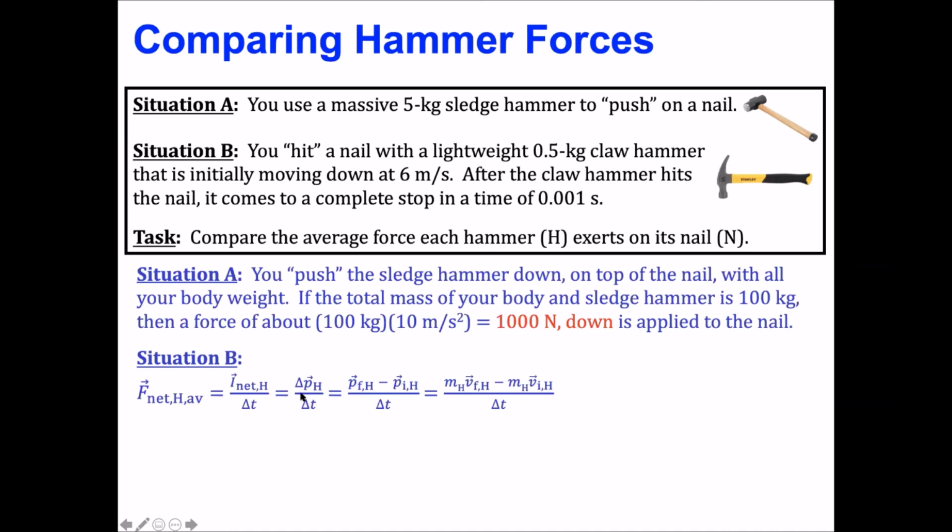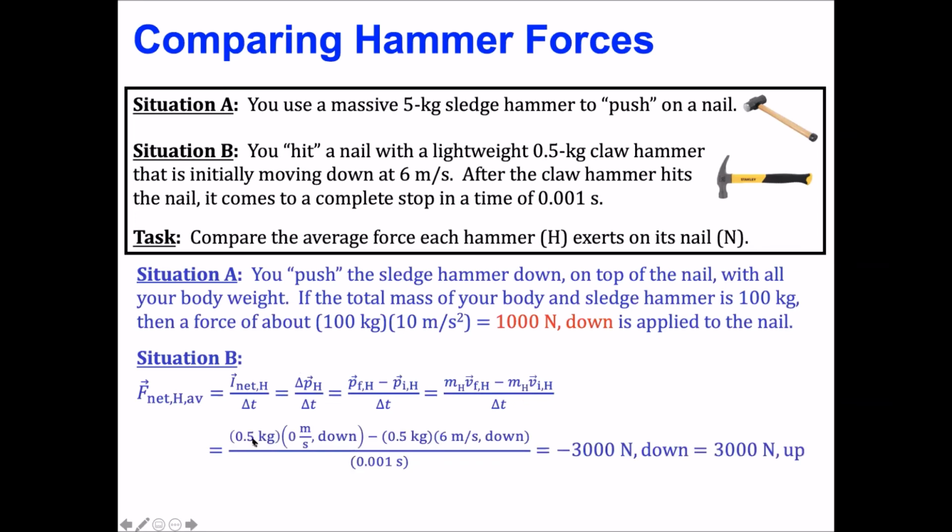And if I look at the change in the linear momentum of the hammer, that's just the difference in the hammer's final linear momentum relative to its initial linear momentum. And if I know the mass and the final and initial velocities of the hammer, I can figure out what this net average force is going to be. The hammer's got a mass of 0.5 kilogram, and its final velocity turns out to be, well, the hammer comes to rest after driving the nail, and let's say the hammer is moving down.